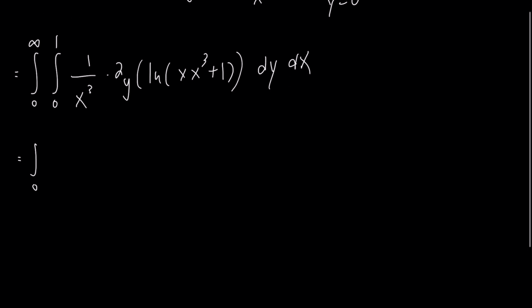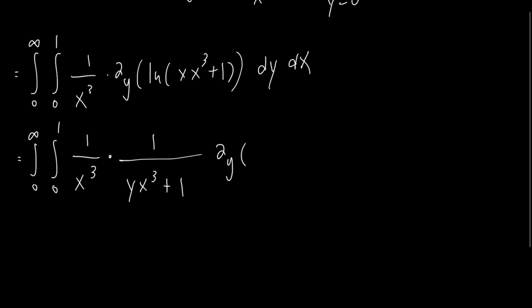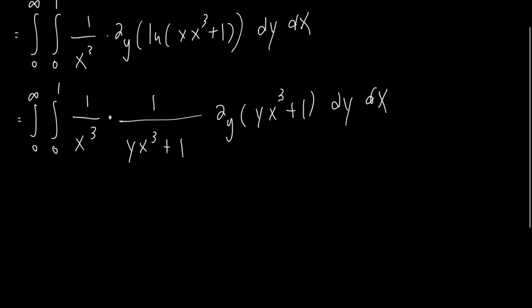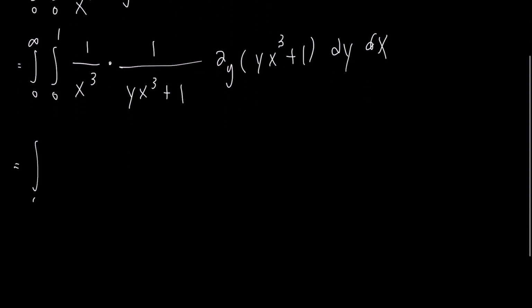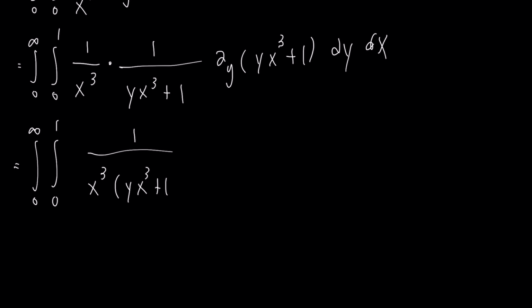The integral from 0 to infinity and then the integral from 0 to 1 of 1 over x cubed times 1 over yx cubed plus 1 times the partial derivative with respect to y of yx cubed plus 1 dy dx. So we have the integral from 0 to infinity, and then the integral from 0 to 1 of 1 over x cubed times yx cubed plus 1 times this partial derivative related to x cubed times dy dx.